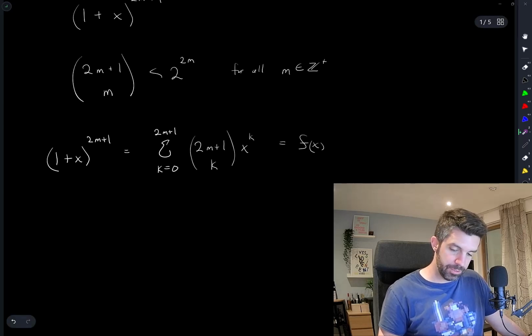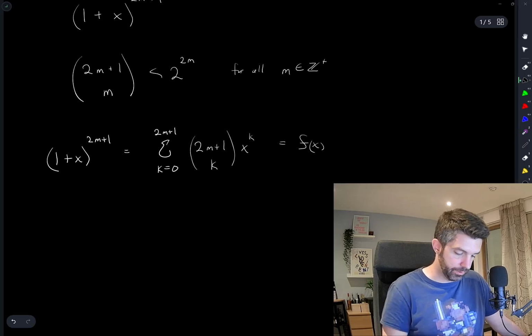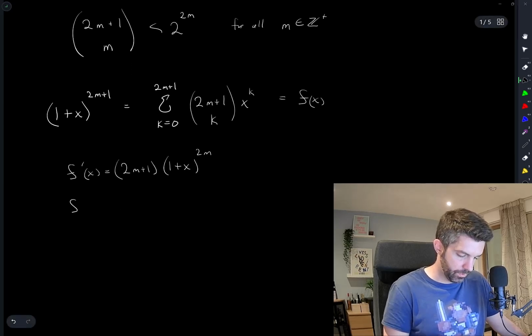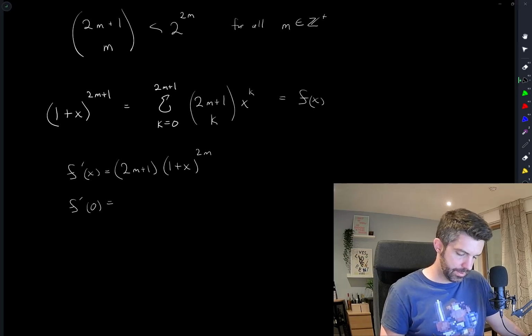And I can compute derivatives somewhat easily. f'(x) is equal to (2m+1) times (1+x)^(2m). So f'(0) is equal to 2m+1.